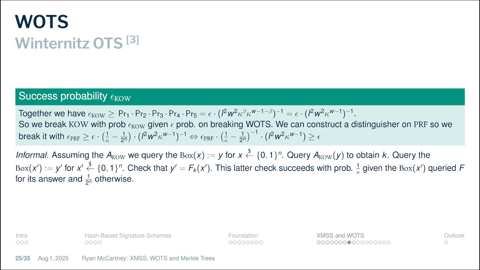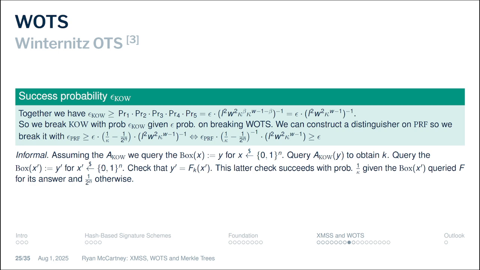Now we query this box oracle on some uniformly randomly chosen x and get output of either this x applied on some random k from our function family, or this x applied on some completely random function which matches the domain and codomain of our function family.